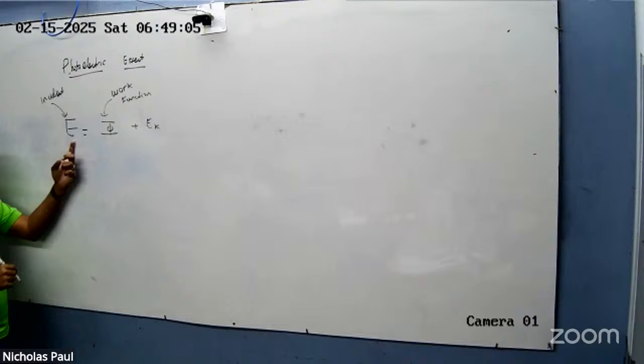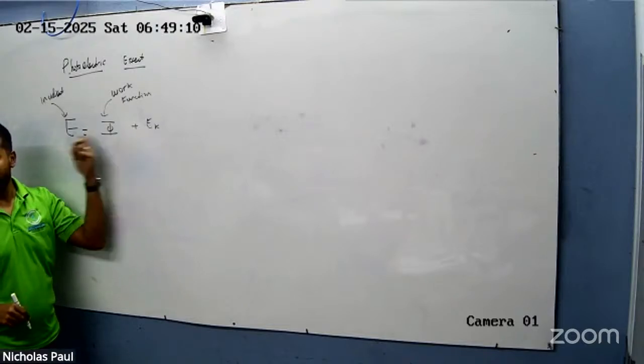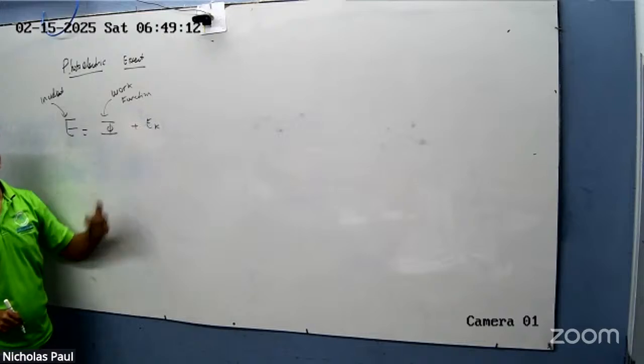So when the energy is supplied, the electrons will break the bonds, and the remaining energy from this is the kinetic energy.